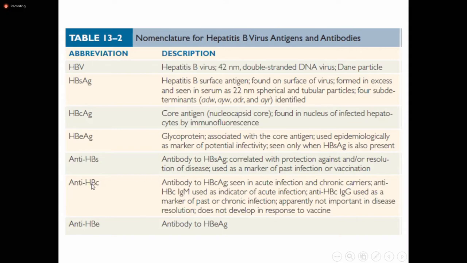And this core antibody could be of IgM class or of IgG class. IgM appears during the acute state, and IgG appears when the infection is an old infection or a chronic infection. Anti-E also: we have E antigen, and anti-E is an antibody against E antigen, also protective.